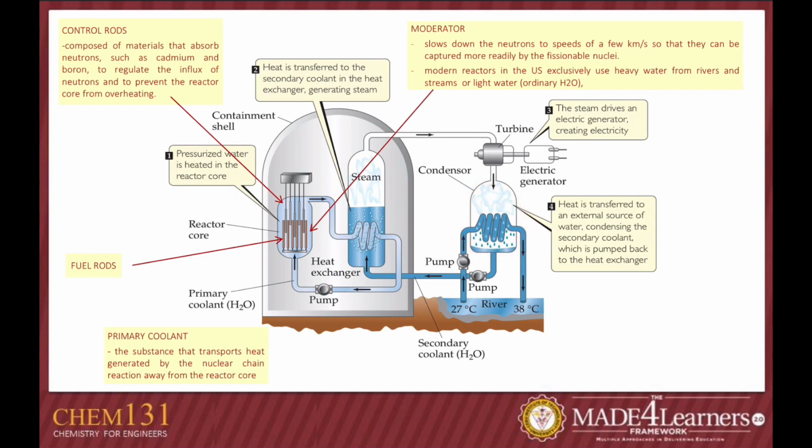So there is also a moderator, aside from the primary coolant, the control rod, the fuel rod. The moderator slows down the neutrons to speeds of a few kilometers per second so that they can be captured more readily by the fissionable material. Modern reactors in the US exclusively use heavy water from rivers and streams or light water.